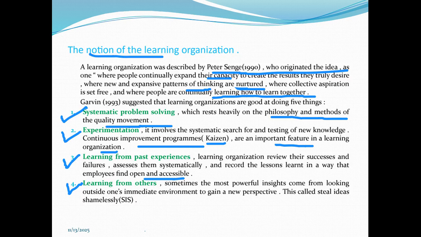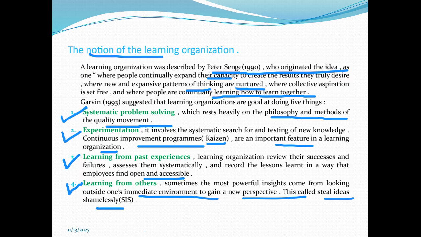The fourth one is learning from others. Sometimes the most powerful insights come from looking outside one's immediate environment to gain a new perspective. This is called stealing ideas shamelessly. So organizations can steal ideas shamelessly by focusing on the outer environment, learning the best practices, and trying to implement them in their own organization.